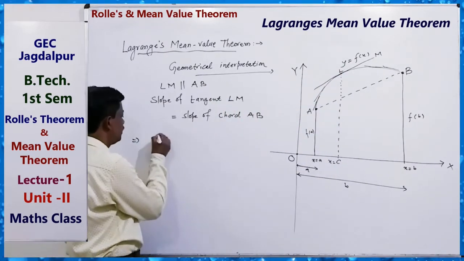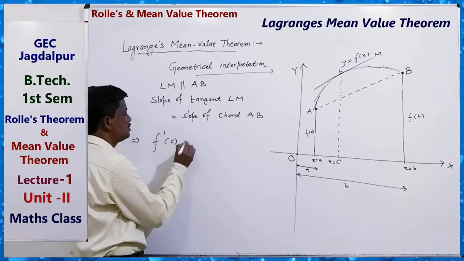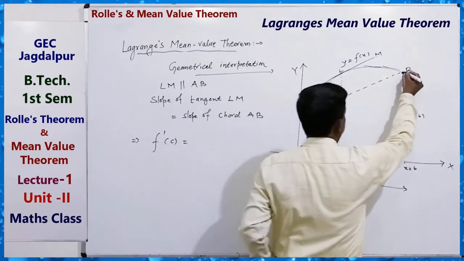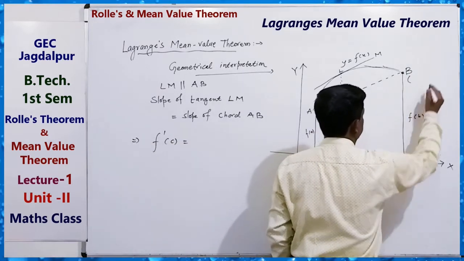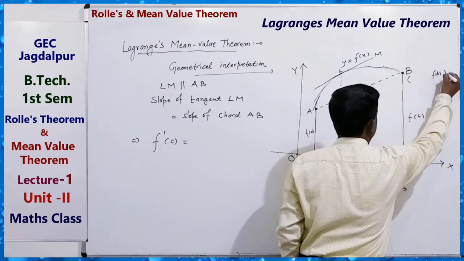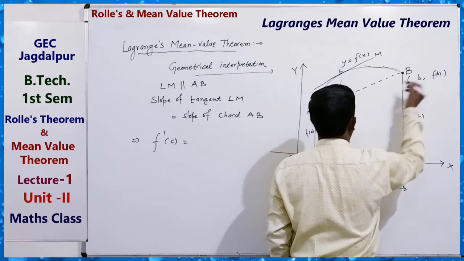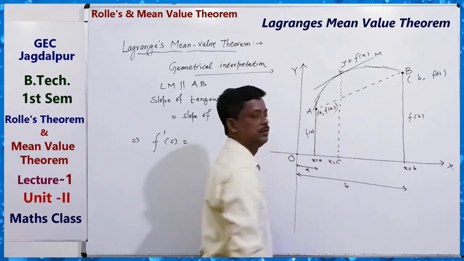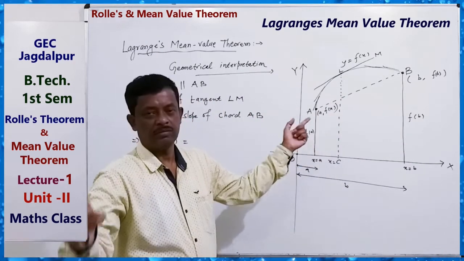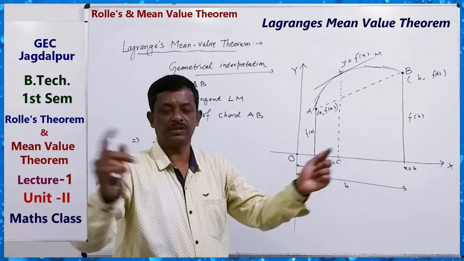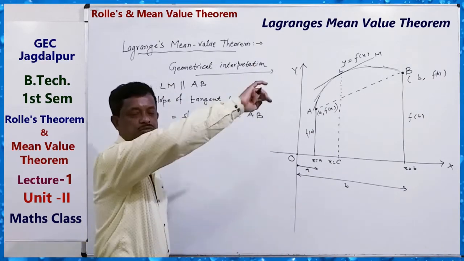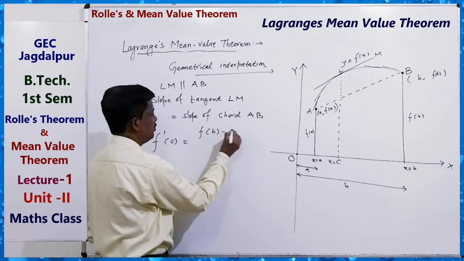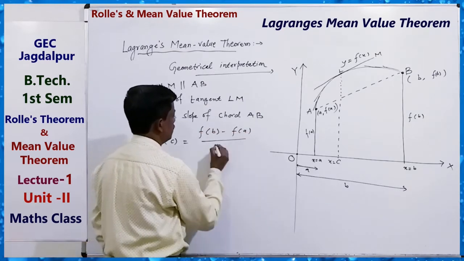So that is f dash c, and slope of chord AB: coordinate at B is (b, f(b)) and at A is (a, f(a)). The slope of a line segment joining two points is (y2 minus y1) upon (x2 minus x1), so (f(b) minus f(a)) upon (b minus a).